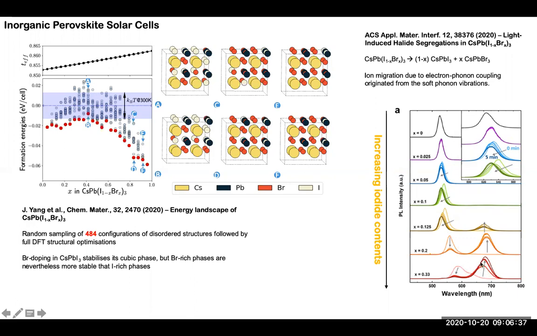When the light shines, the iodide and bromide will separate into two different domains, an iodide-rich domain and a bromide-rich domain. So you'll see as time goes by in this highly iodide-rich sample, two peaks develop when you keep shining light. And that's ultimately governed by the electron-phonon couplings in these materials.